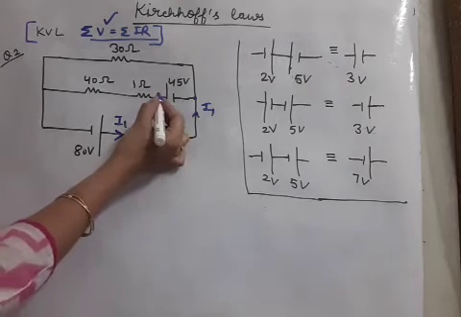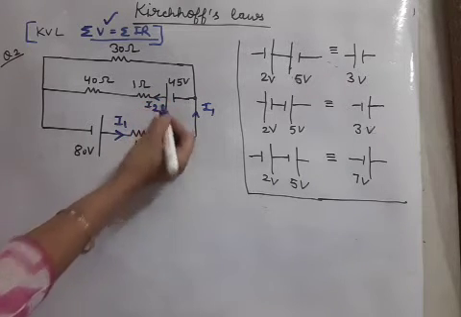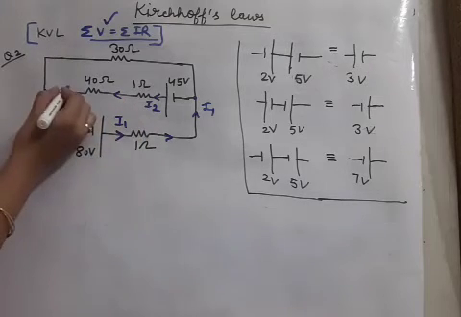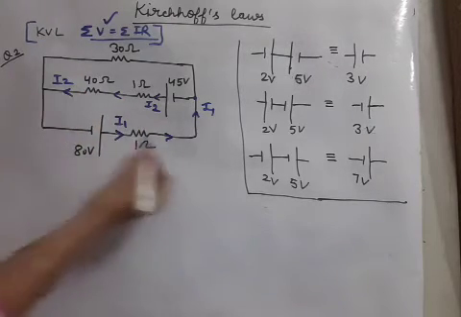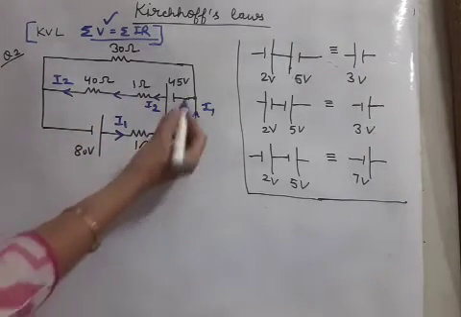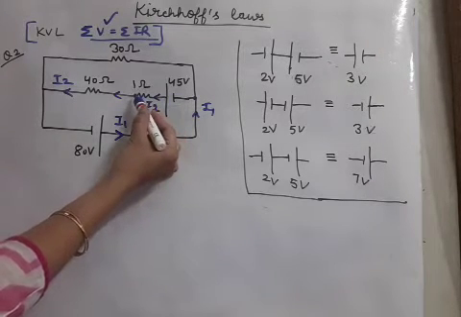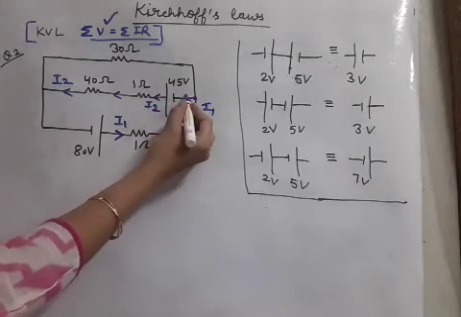The second battery is positive. It will give current I2. So this I2 will be proceeding till here. Now what about this point? As is the rule for the battery, whatever current the battery gives, the same current we have to return also.